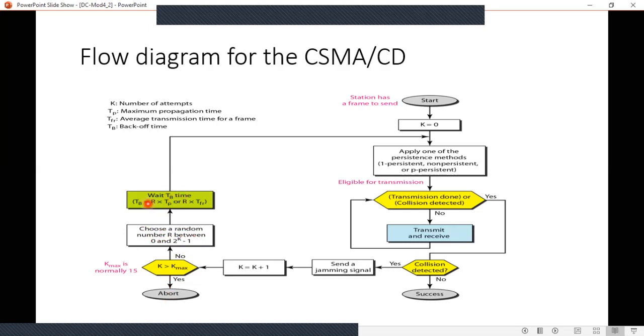TB is given by either the random number into the propagation time or the random number into the average frame transmission time. Okay. And then again apply the persistence methods and go through. Again looping will happen here.